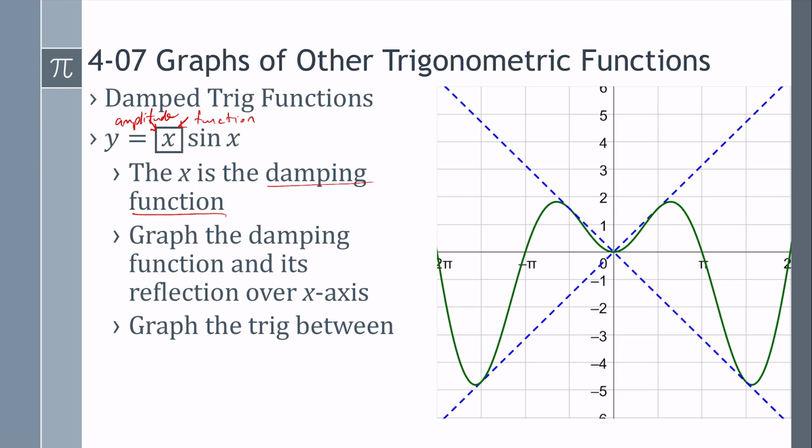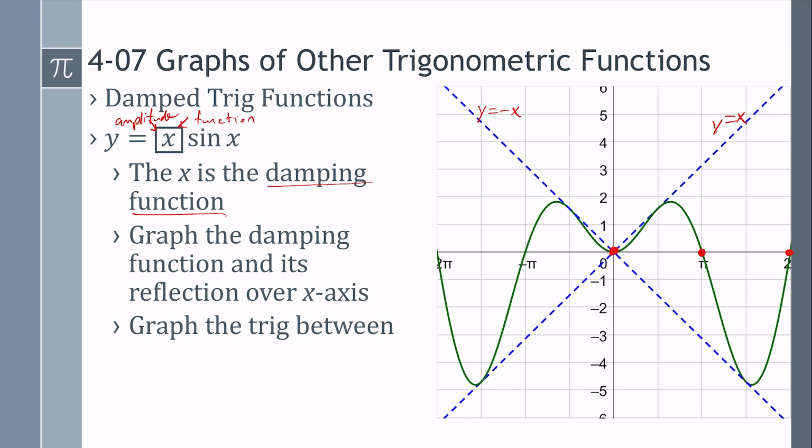So here is x sine of x. So our damping function is y equals x, and its reflection over the x-axis, y equals negative x. It's sine, so we start at 0 and hit the period at 2 pi.